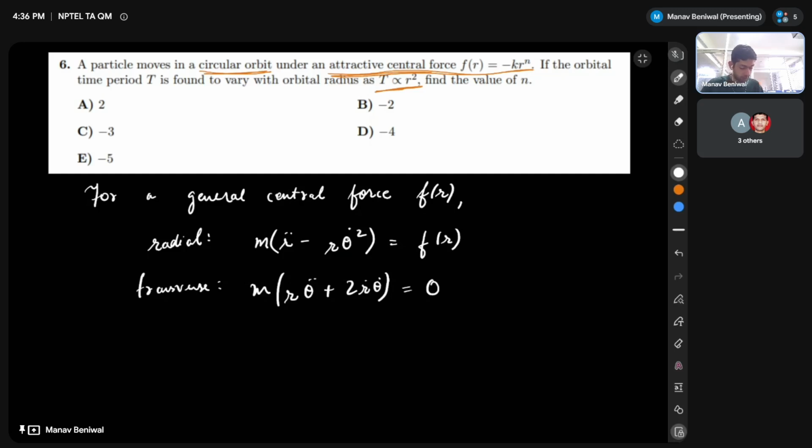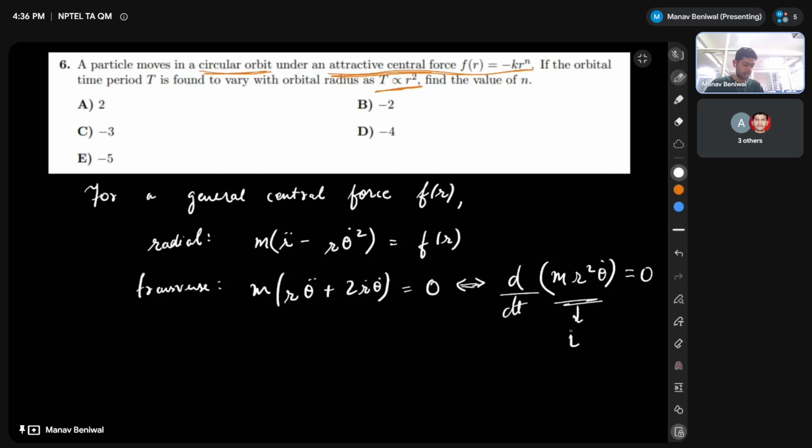And from this second equation itself, we are able to write that the time derivative of m r squared theta dot is 0, and this is nothing but angular momentum.